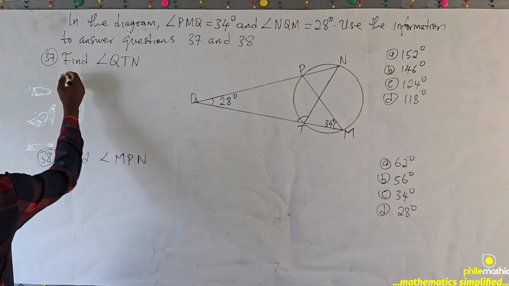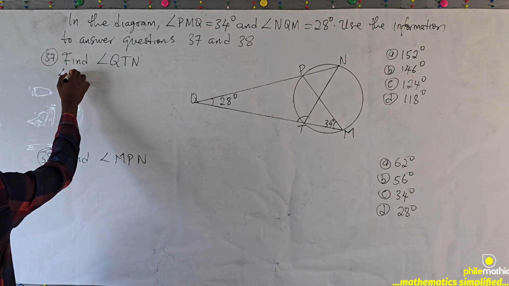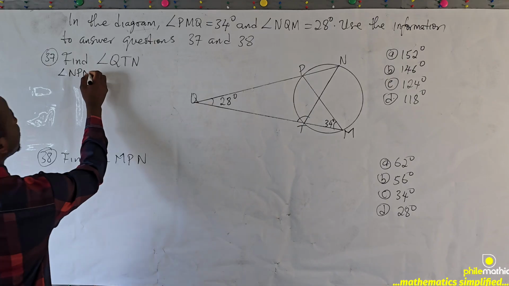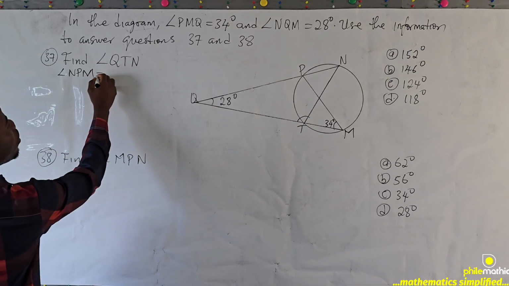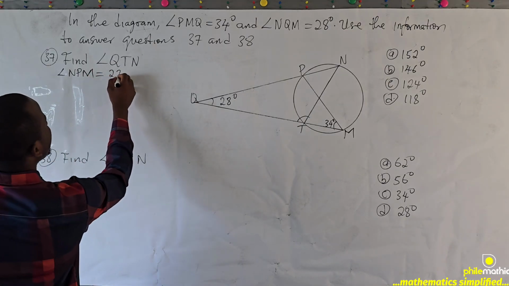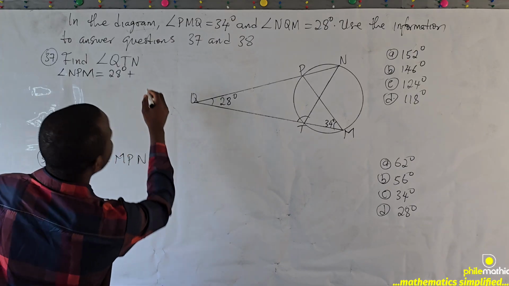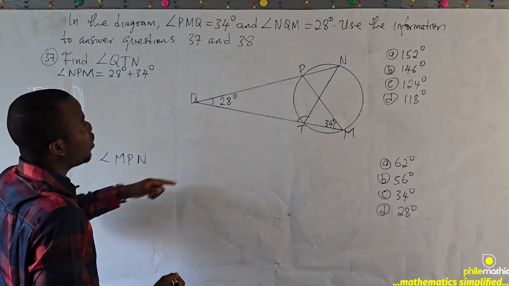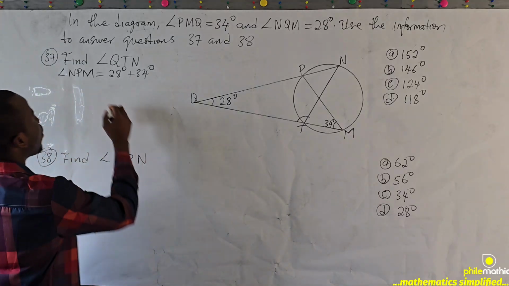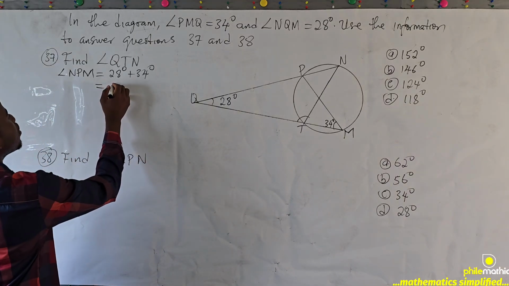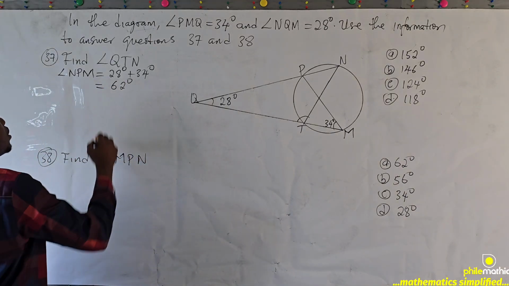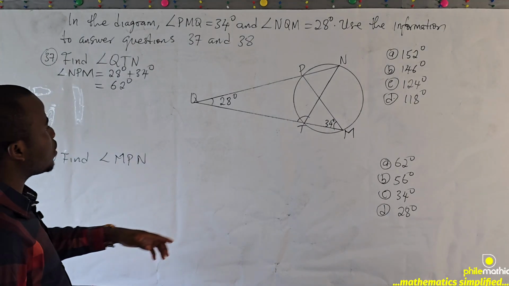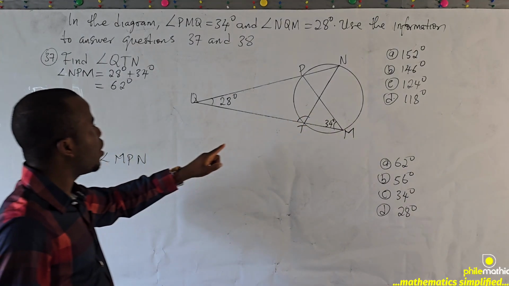So angle MPN is simply 28 degrees plus 34 degrees, which is 62 degrees. But what we are looking for is this angle here.